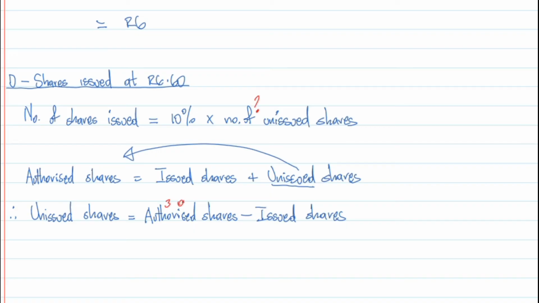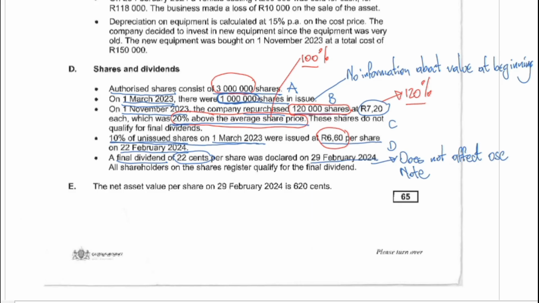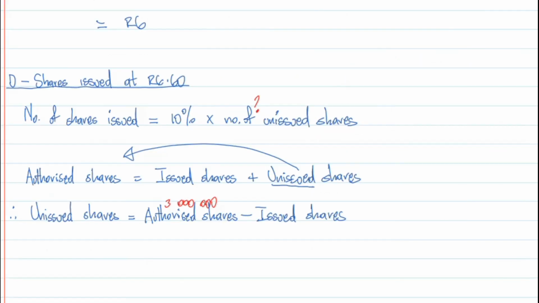The number of authorized shares is given to us as 3 million ordinary shares. The number of issued shares is given to us as 1 million ordinary shares. So 3 million ordinary shares minus 1 million ordinary shares gives us 2 million unissued ordinary shares.